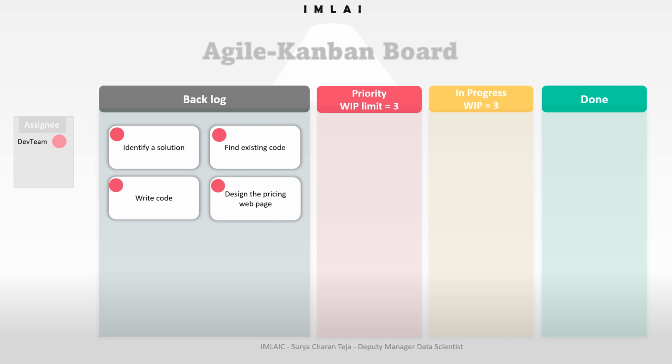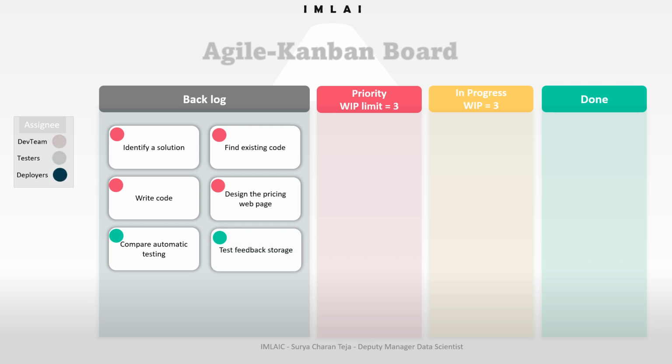These are all the tasks that should be completed by the dev team, but at this moment they are all in backlog. Then we have the testers team. Testers are also assigned some tasks, that is, compare automatic testing and test feedback storage. Then we have deployers from the ops team. Again they have some backlog items, that is, release fix and update or rewrite script. These are all the tasks present in our backlog.